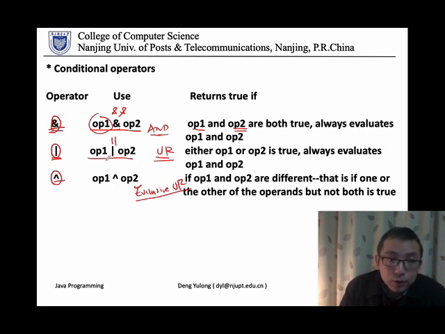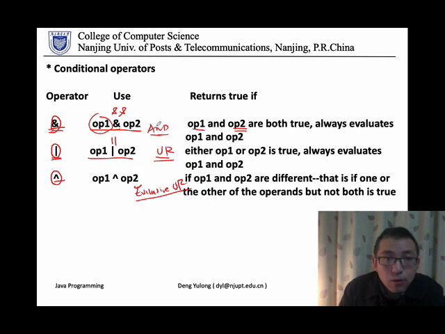Okay, so for single ampersand or single bar, in all operations there is no condition. The two operands will always be evaluated. This is very important stuff you should know when we learn this section about these conditional operators.